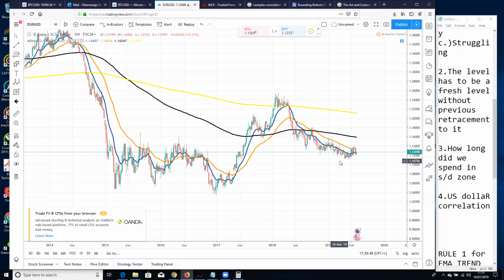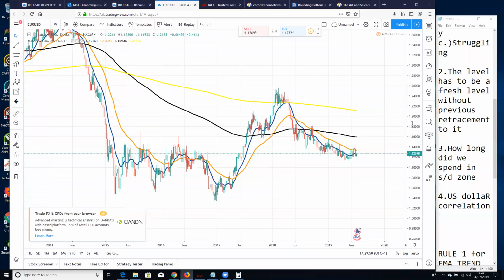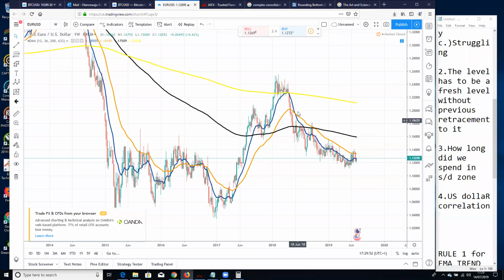Anyone? Where is the blue EMA? Where is the 200 EMA? Where is price? The last cross that we've seen is the blue crossing below the 36 EMA. That qualifies for a what?